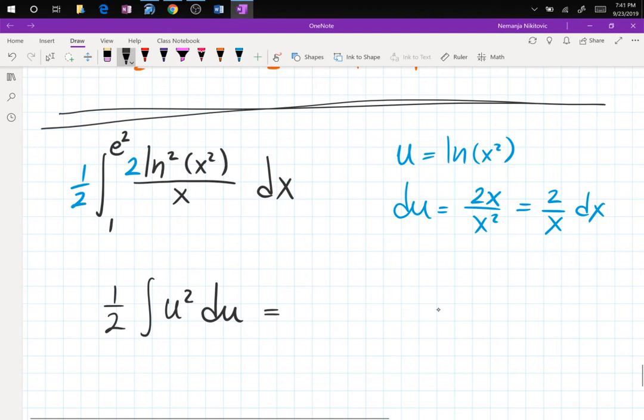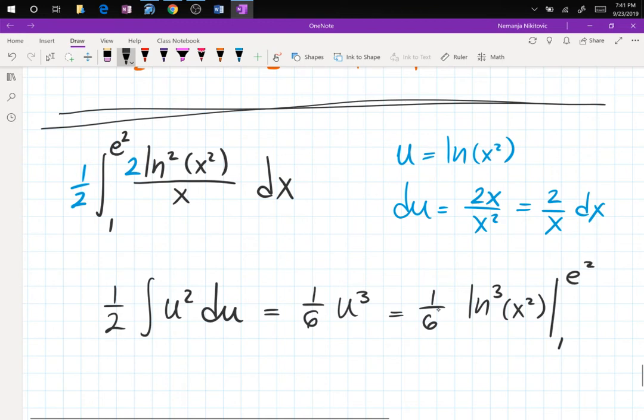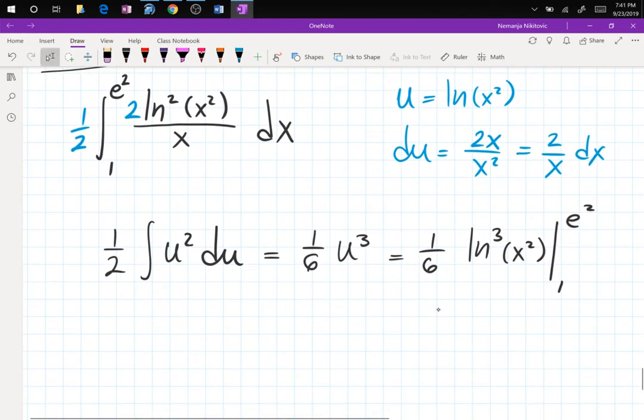So this is simply 1 over 6 u cubed. And then we bring our x back in the game, which is 1 over 6 ln cubed of x squared from 1 to e squared, and then we compute that.